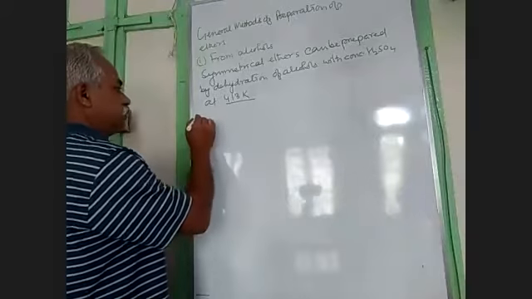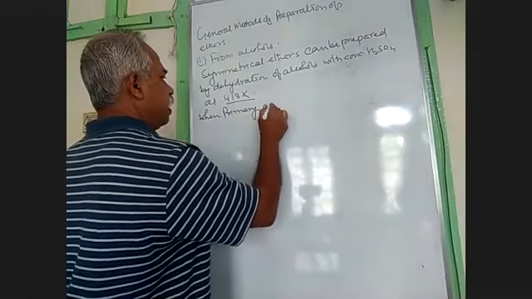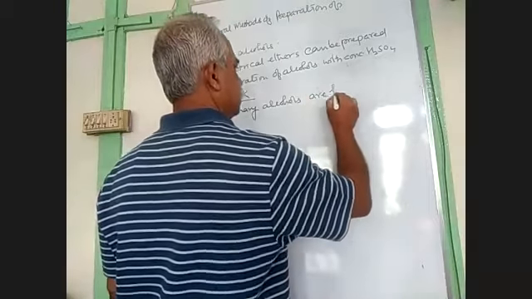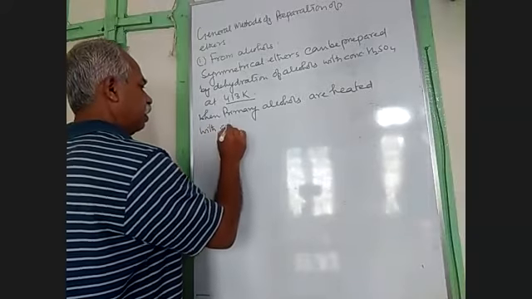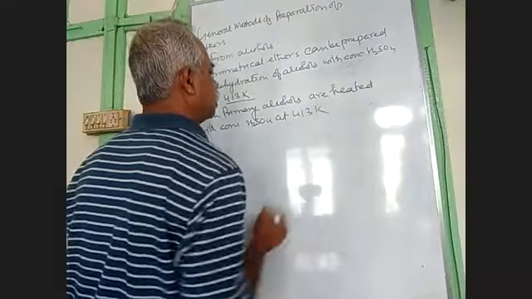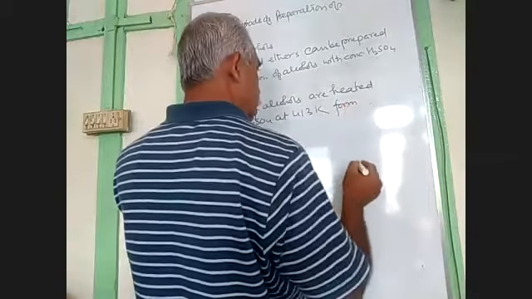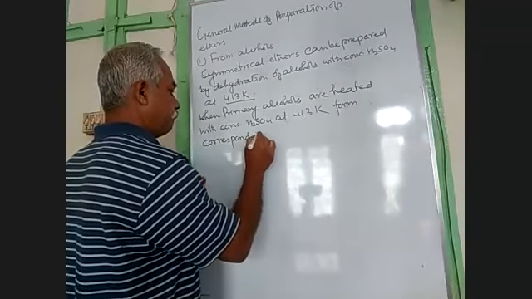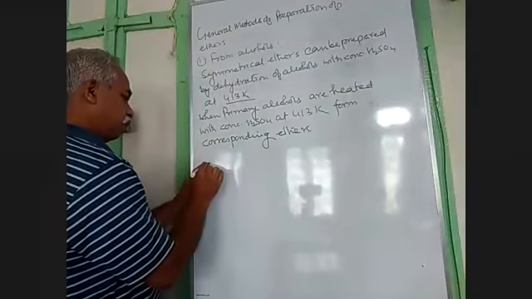When primary alcohols are heated with concentrated H2SO4 at 413 Kelvin, they form the corresponding ether.